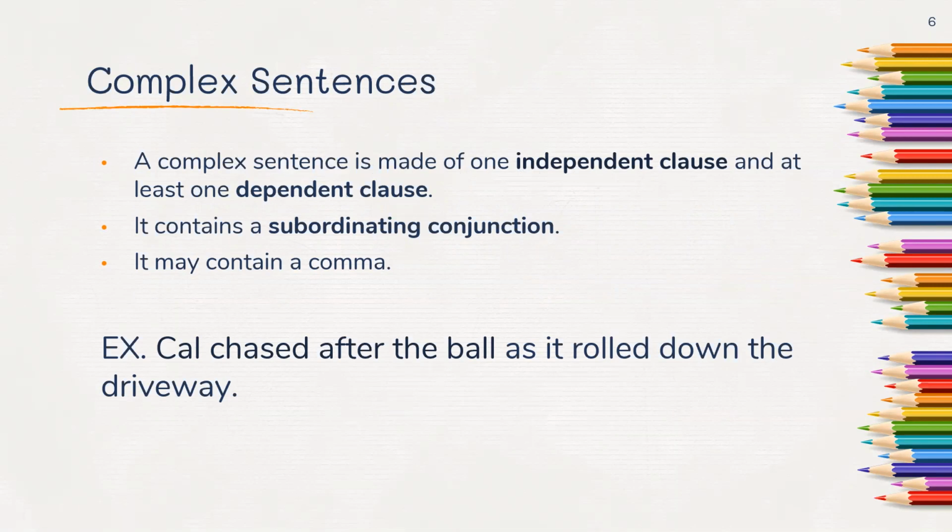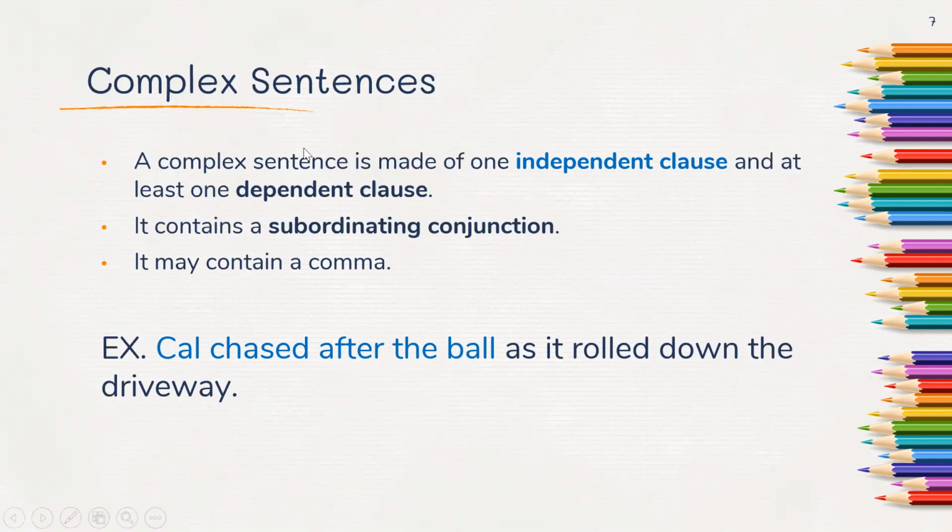It's a complete thought. Cal chased after the ball. Cal chased after the ball is an independent clause. If I rewrote this, Cal chased after the ball, and put a period at the end, that would be a simple sentence. Cal is my subject, chased after the ball is my predicate, and it is a complete thought. So that's my independent clause.